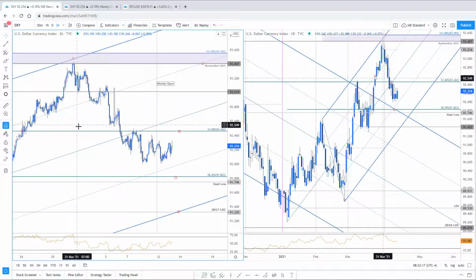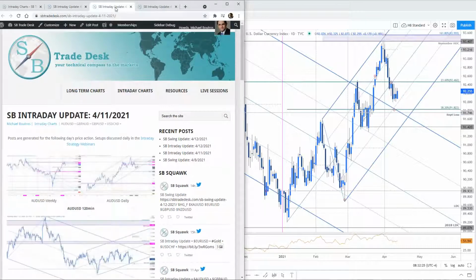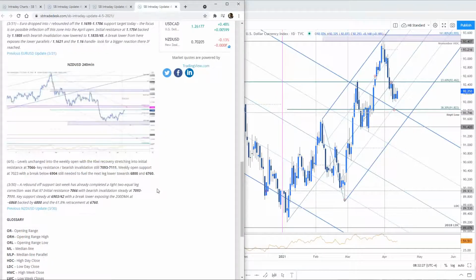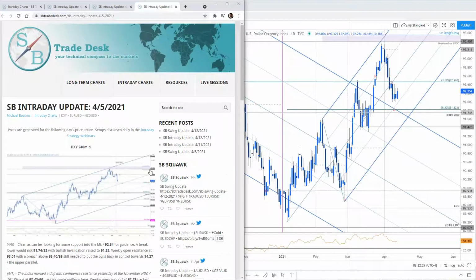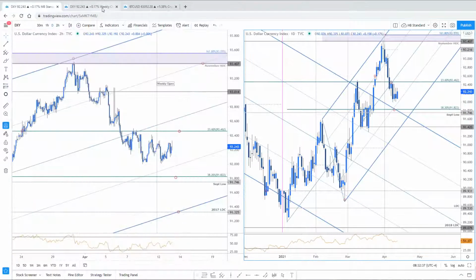Okay, so where are we on the DXY? Here was our last review of this. We had just come off of major uptrend resistance. I went over this in the webinar on daily effects, so I don't want to spend too much time on this, guys.